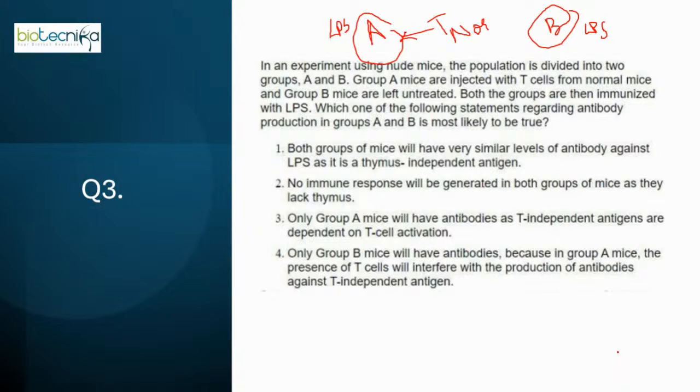Therefore, the correct answer is option 1: both groups of mice will have very similar levels of antibody against LPS as it is a thymus independent antigen.